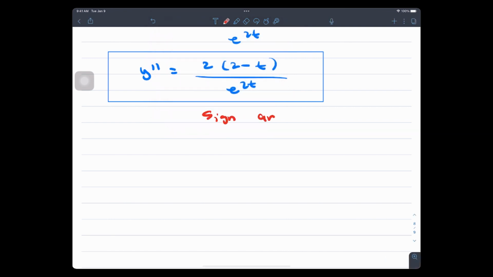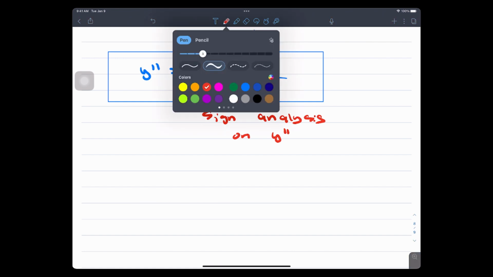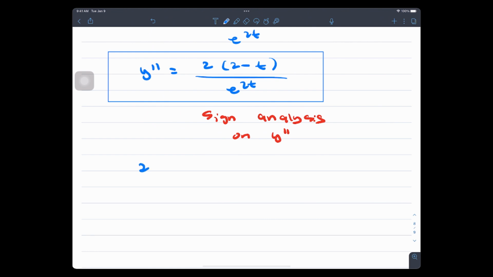What's sign analysis on the second derivative? Remember about concavity? So if you want to do sign analysis on that second derivative, set the numerator, because you have a quotient, equal to 0. Set the denominator equal to 0. You guys already know this never happens, right?